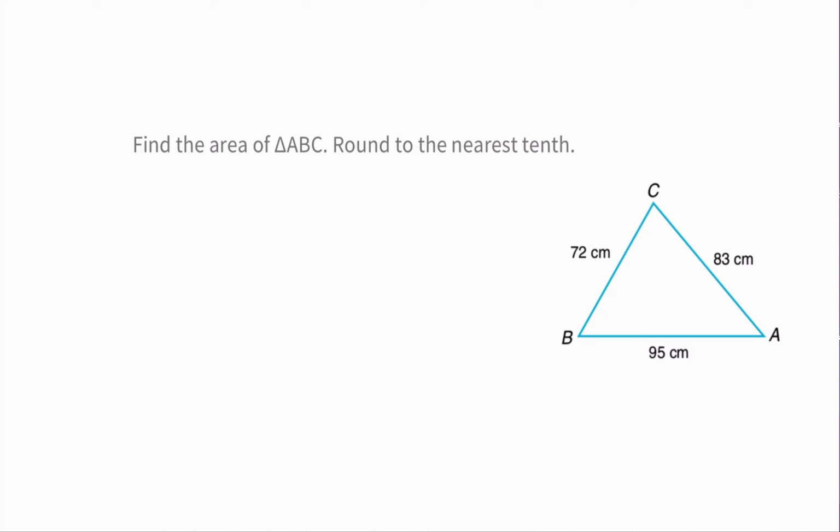Right, so use Hero's formula here to find the area for this triangle. S is going to be 1/2 of 72 plus 83 plus 95, which ends up being 125.